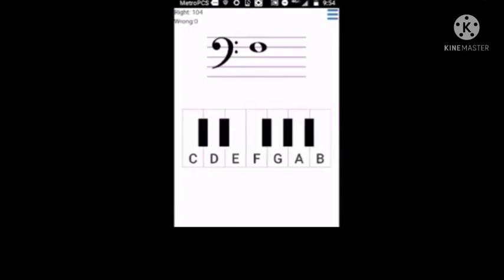F, right? A would be the next line, and guess what the next one is? C, right? And guess what the next line would be? E. So you automatically had F-A-C-E right here. Everything in F-A-C-E. Okay? Wow. That's pretty cool. There you go. F.